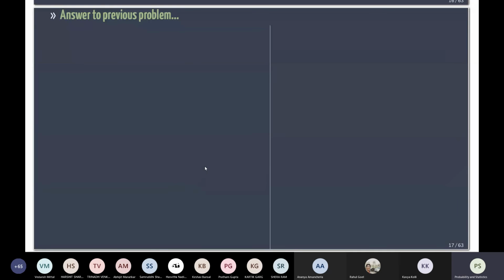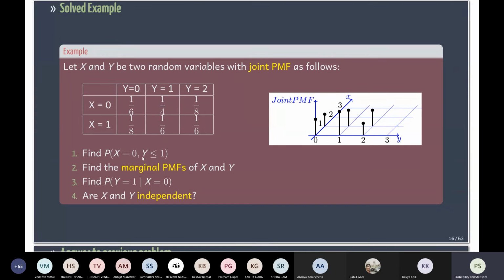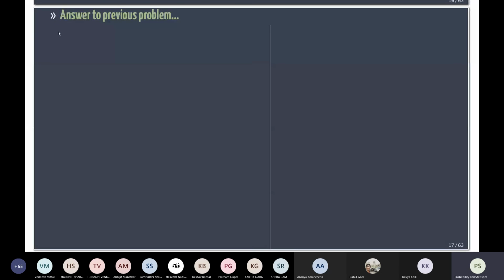So now let us answer the first question. The first question was the probability that X equals 0 and Y is less than or equal to 1.